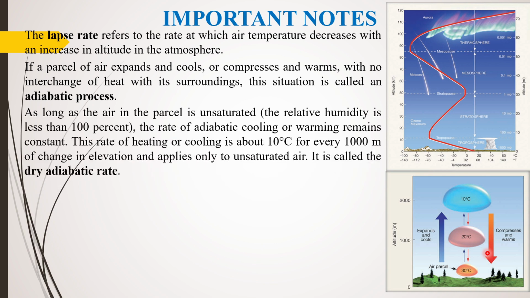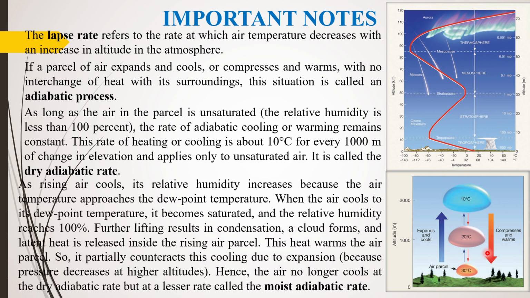As long as the air parcel is unsaturated, that is, the relative humidity is less than 100%, the rate of adiabatic cooling or warming remains constant, and this rate is 10 degrees centigrade per kilometer or 1 degree centigrade per 100 meters of change in elevation. So it is called the dry adiabatic rate or dry adiabatic lapse rate.